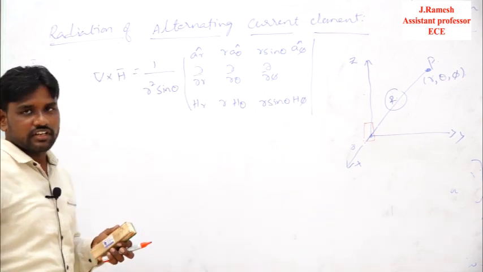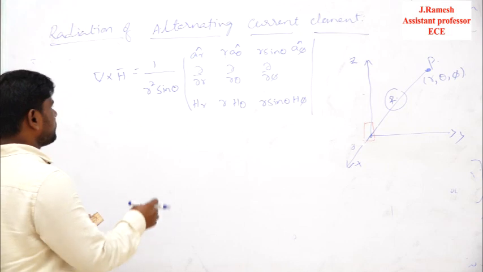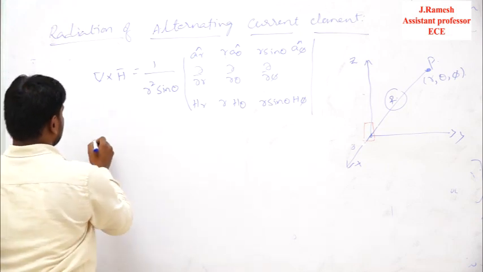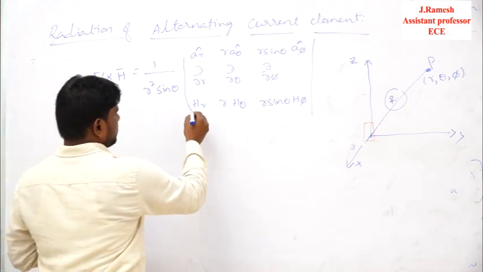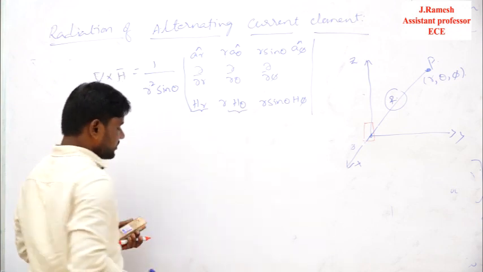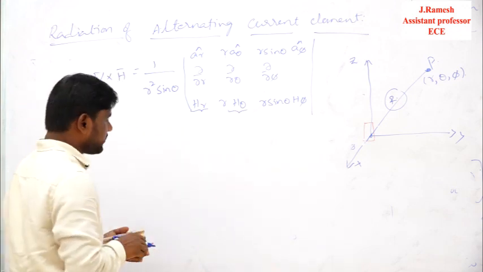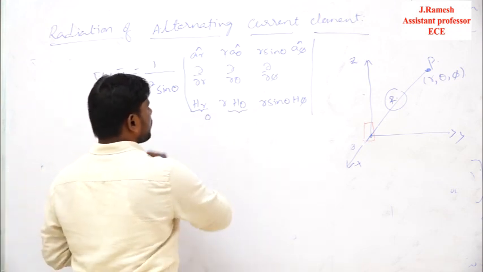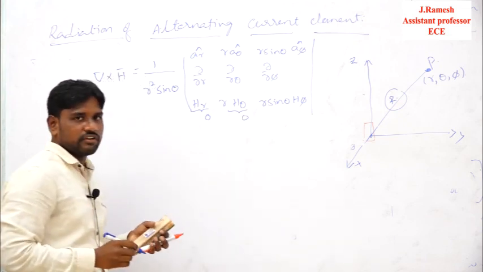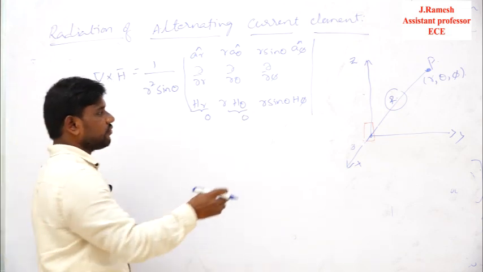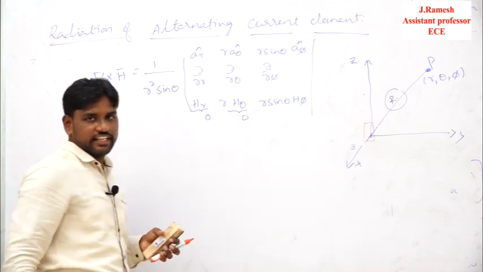So this is the curl of H bar. If you observe clearly, we know that h r and h theta values are already zeros. That means there is no component of h r, there is no component of h theta. We have only one component, that is h phi.